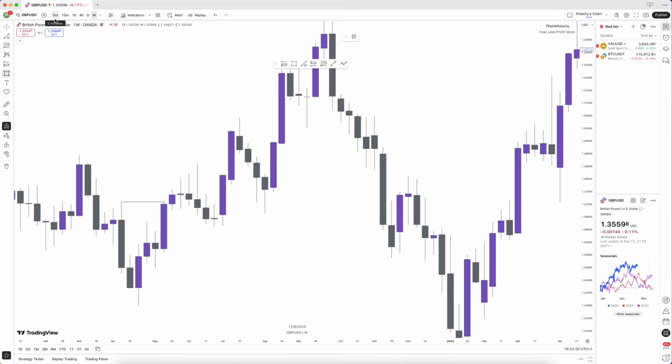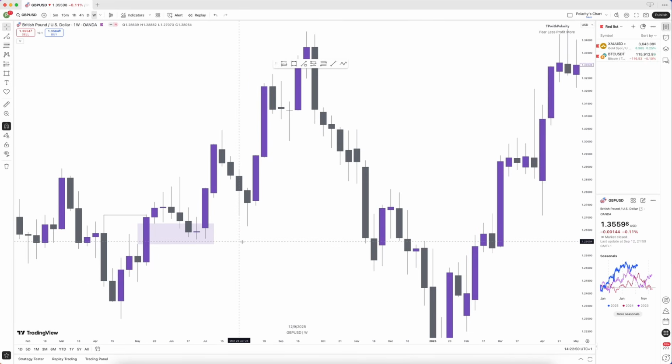There are various ways to frame a directional bias, and this is just one of them. So pay attention. The number one is the imbalance, which is always your fair value gap while framing your directional bias. So this is the fair value gap.